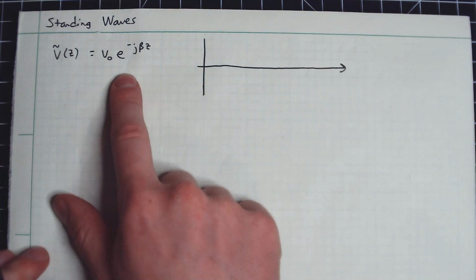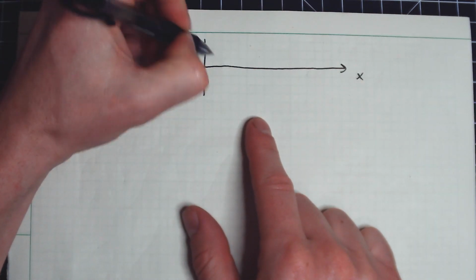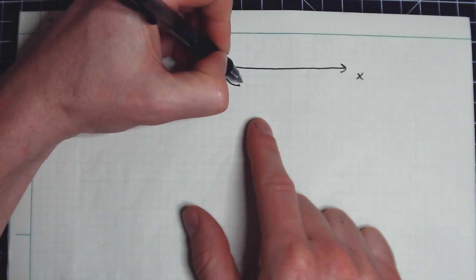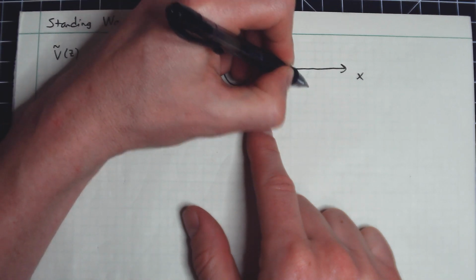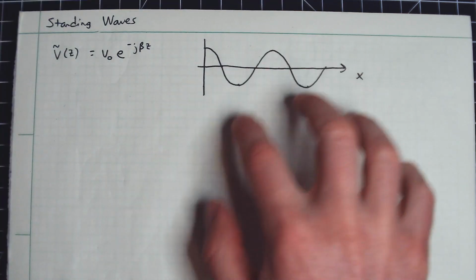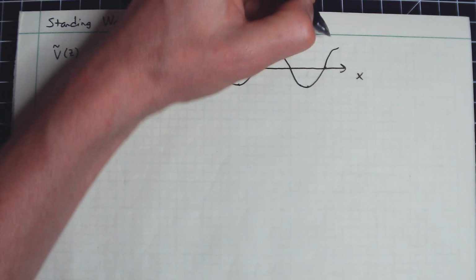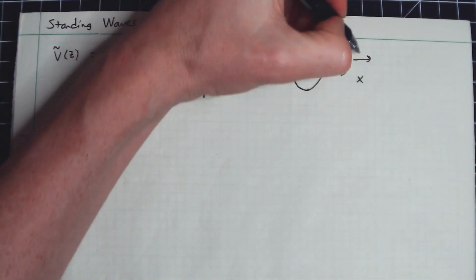So if I take the real part of this and take a snapshot of it throughout space, you would see a wave that does something like this. It goes down and it'll come back up like so, and then down like that. And if I were to animate this throughout time, you would just see this thing propagating to the right as time progresses, right?